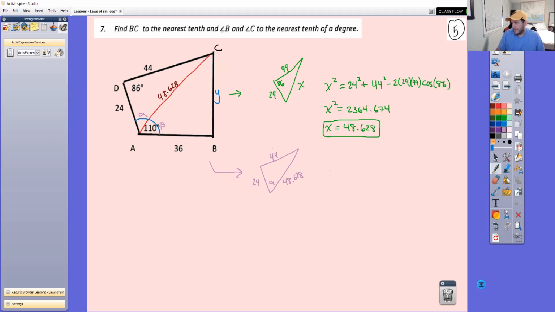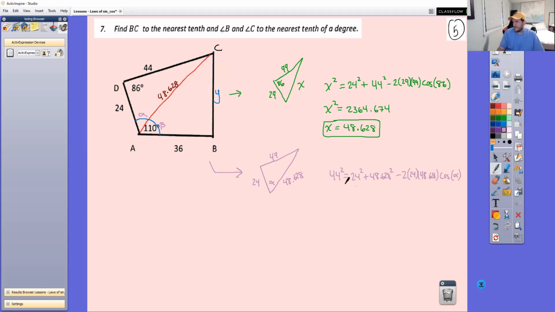We'll say the 44 squared has to go here. And it equals the 24 squared plus the 48.628 squared minus 2 times 24 times 48.628 times the cosine of alpha.